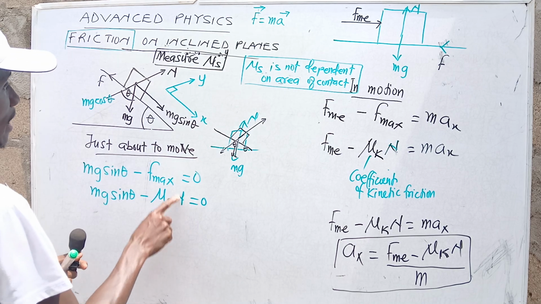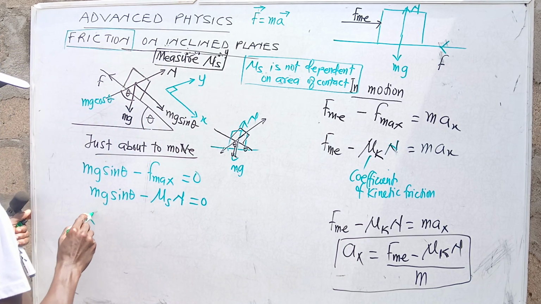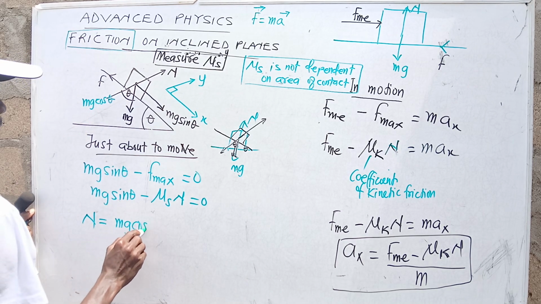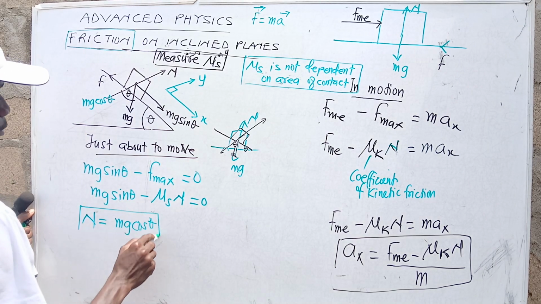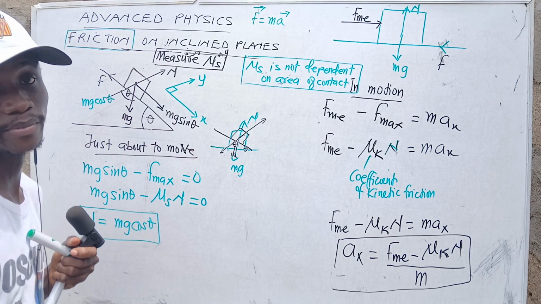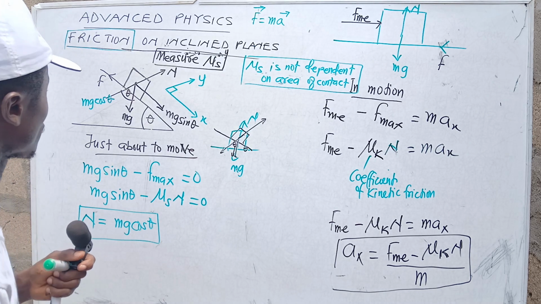But the normal reaction, we consider the forces in the vertical direction. N will be equal to mg cos theta. This is very important. So you see the normal reaction is not always mg. If it is an incline, it will be mg cosine of theta.